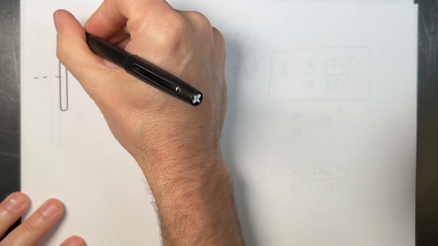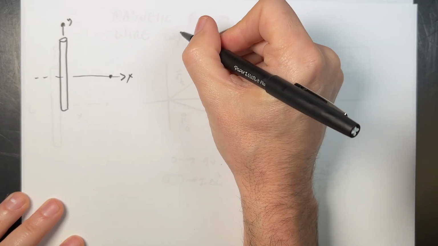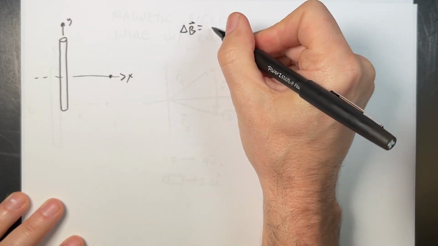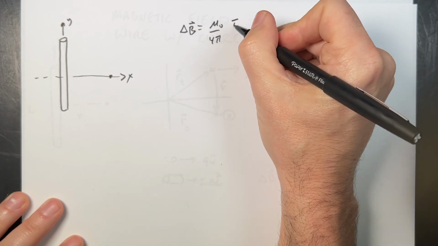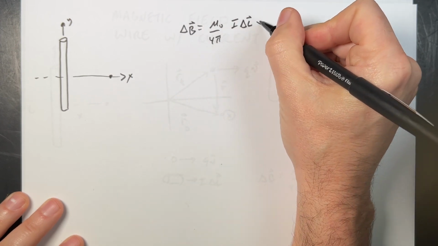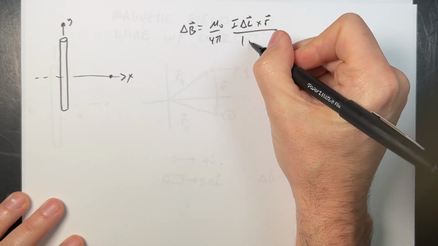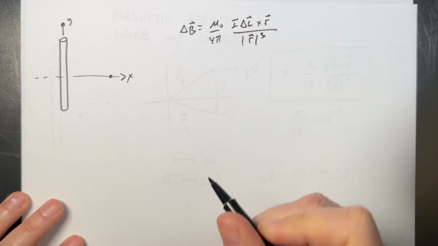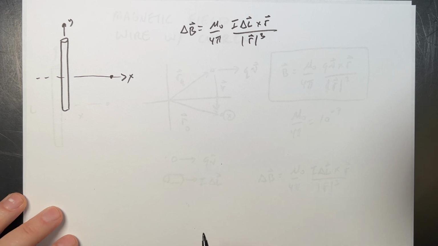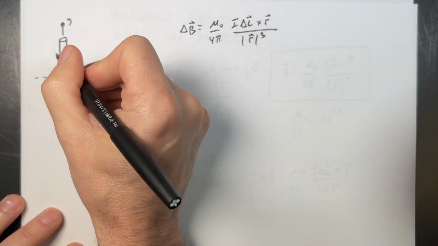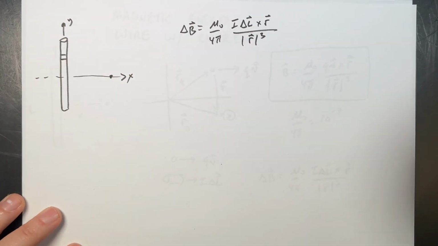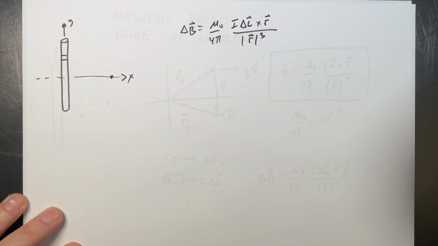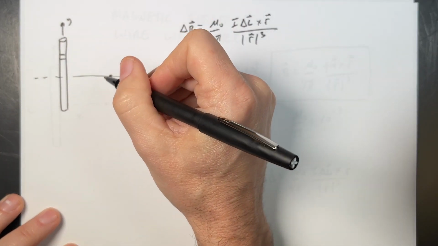So this is X, that's Y. I know delta B is mu naught over 4 pi I delta L cross R over the magnitude of R cubed. Okay, so the first thing I need to do is split this into little pieces, right? So here's my little piece right there that I want to find, and that's going to be my I delta L. And then this is going to be my observation location.